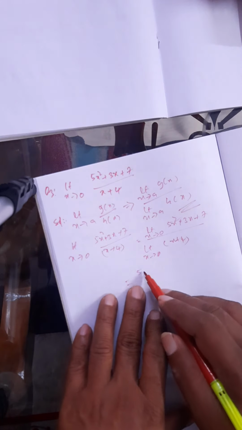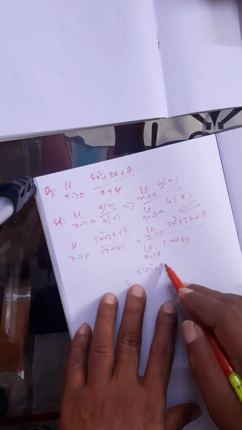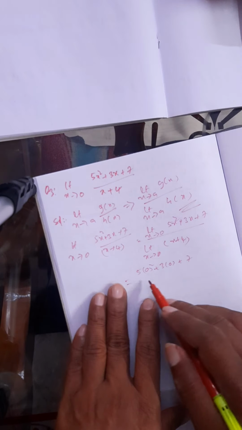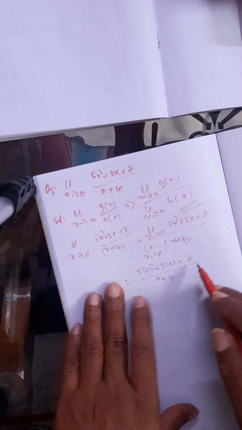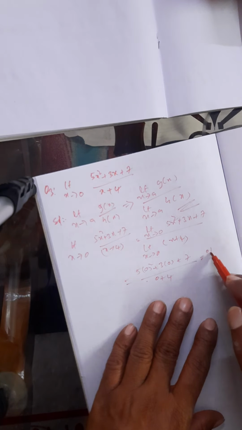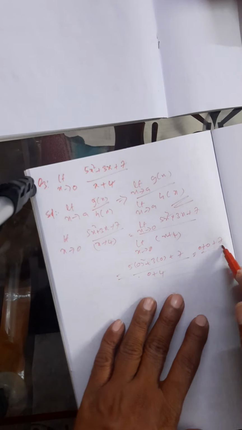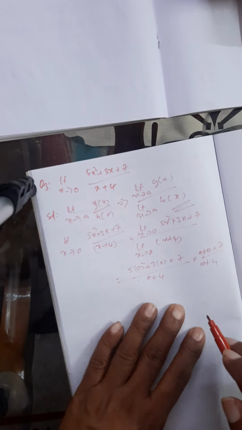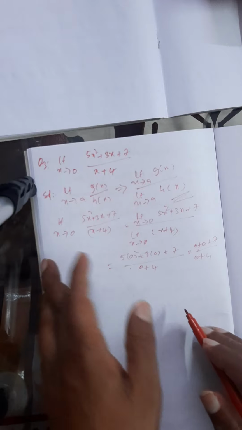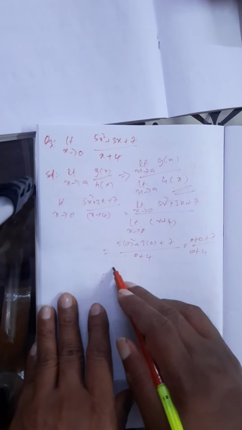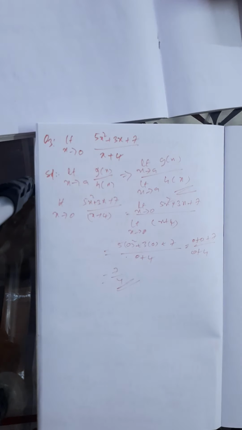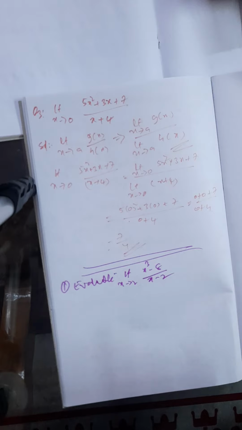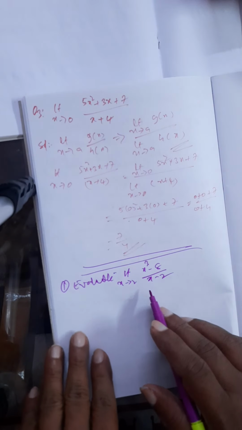Limit x tends to 0: 5 into 0 square plus 3 into 0 plus 7 as it is. Here in the denominator we apply 0 plus 4. So this is nothing but 0 plus 7 divided by 0 plus 4. Okay, 0 plus 4. So like this we will get 7 by 4. The limit of this is 7 by 4. Now using the formula we can find the value.